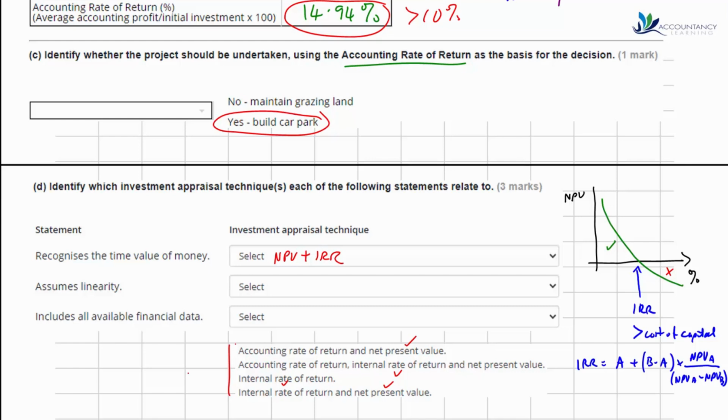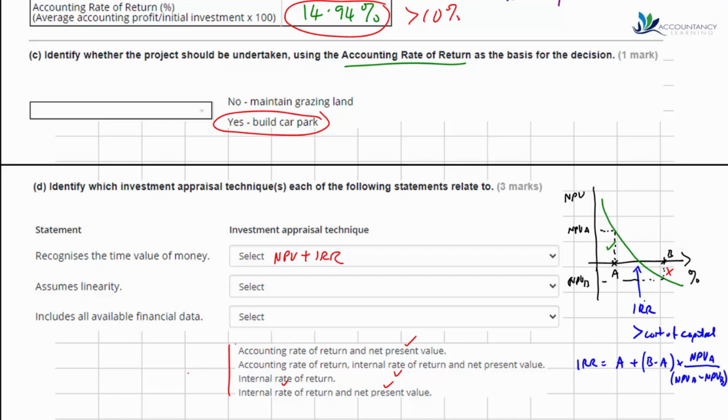So if we just put some numbers onto our chart here, so let's suppose that for this cost of capital, let's call it A, we would achieve this net present value. Let's call that net present value A. And then over here, for this cost of capital, let's call that B, we would achieve this net present value. Let's call that net present value B.